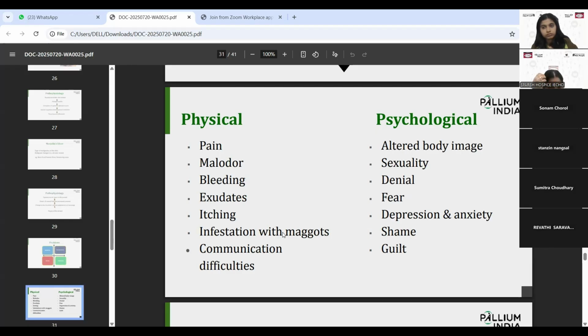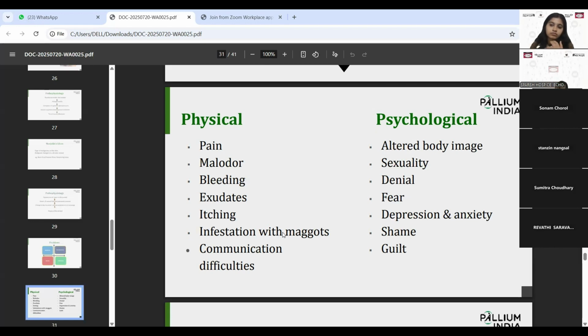Then communication difficulties: if the wound is present on a vital place, such as the face or near the mouth or nose, they will have communication problems. We have seen most fungating ulcers in our hospital.